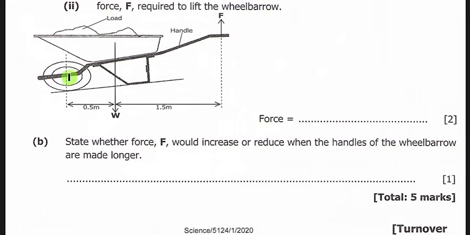Now if a person lifts the wheelbarrow and starts pushing, you'll find that the tire does not move. As he lifts, the tire stays the same, but the wheelbarrow rotates at this point. This point then becomes the pivot. The pivot is the turning point of an object, like the hinge of a door, which is the turning point as you open it. Even here, as you lift it, the turning point is here.